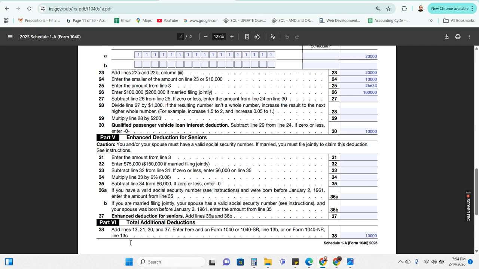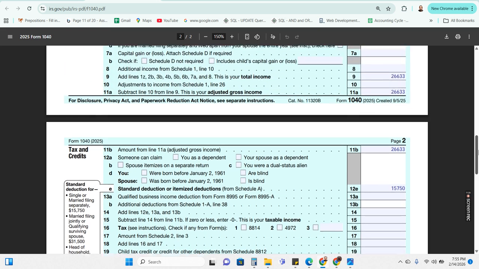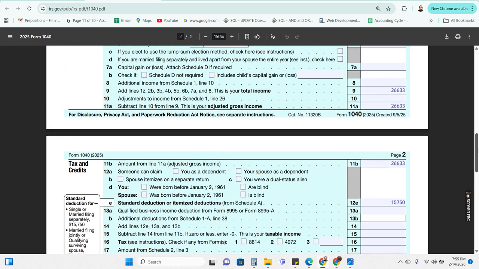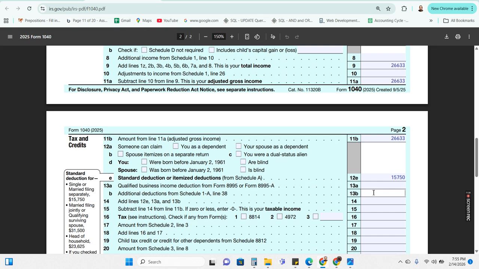So on form 1040, 1040 SR or 1040 NR, line 13, additional for Schedule A, line 30. Understand, ladies and gentlemen? So this is line 38, Schedule 1A, line 38.